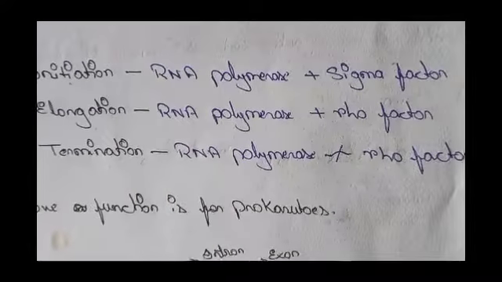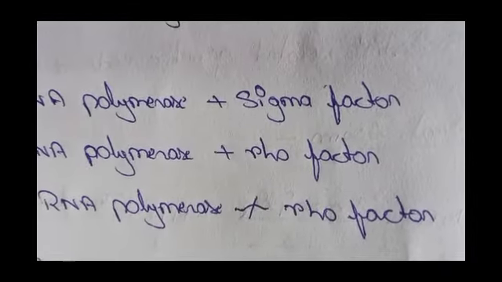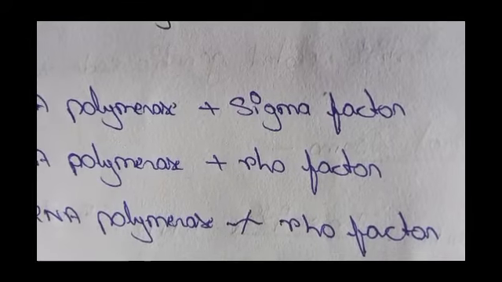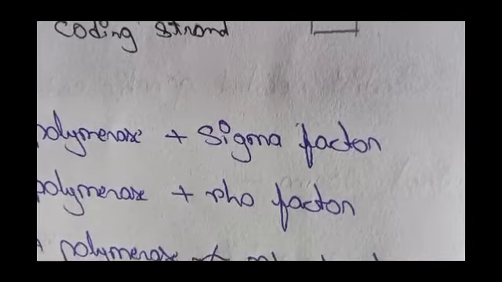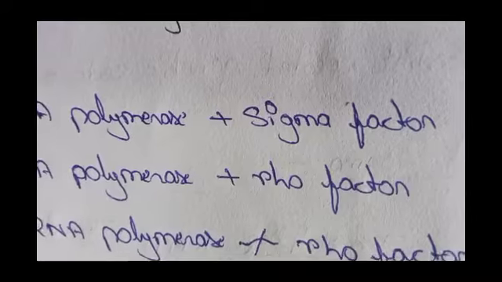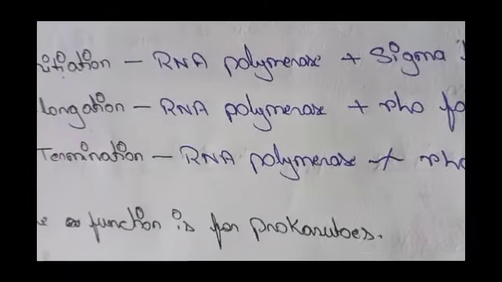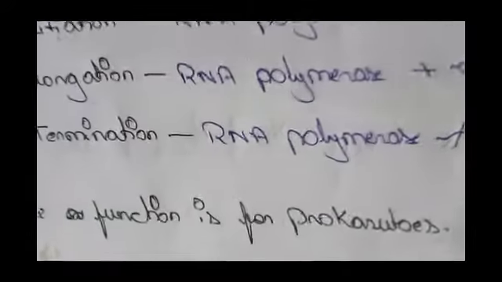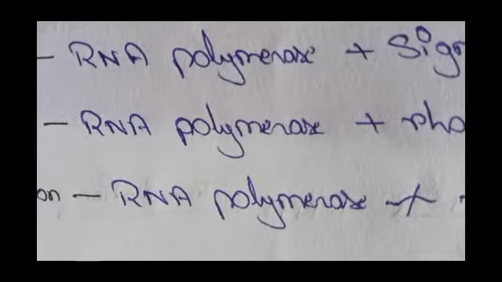In the initiation phase, RNA polymerase is joined with sigma factor. Sigma factor is most important in NEET. It can ask you which factor is used in the initiation phase of the transcription process. Okay, the elongation phase is RNA polymerase with the rho factor, it is also important.